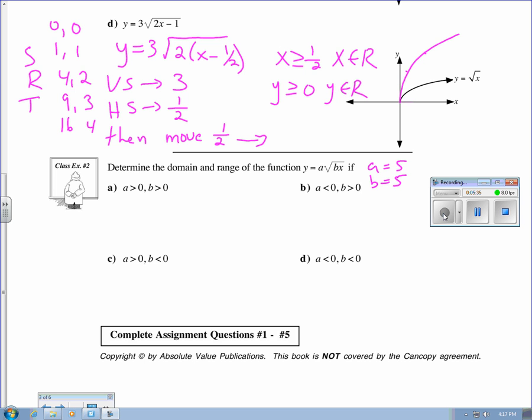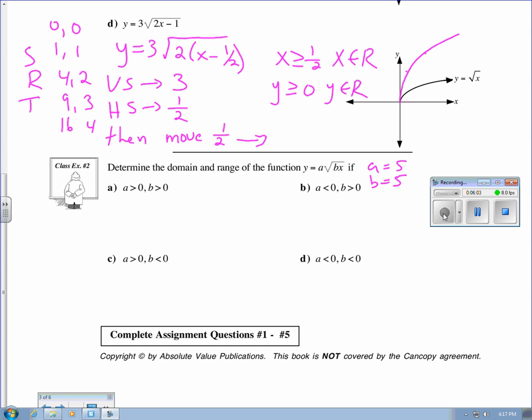Now we can do a lot of work with our calculator to get the SRT stuff going, but it's when we're theoretically talking about domain and range, when we're asked questions like what's the relationship between a and b. So if a is greater than 0 or b is greater than 0, it's nice to talk about actual numbers. So I'm going to say that a is 5 and b is 5 when I need numbers.